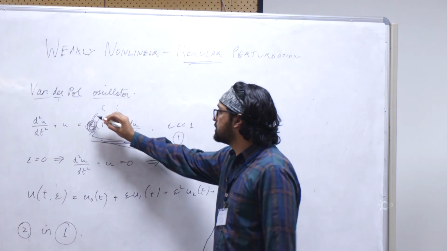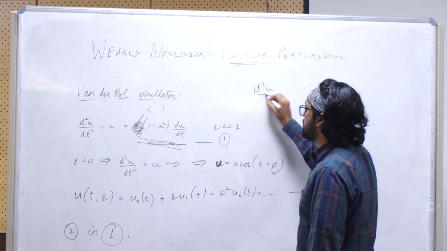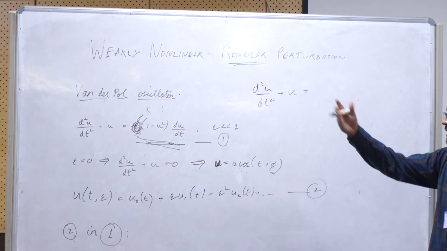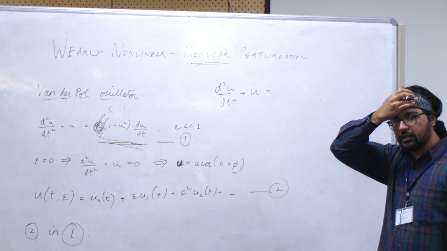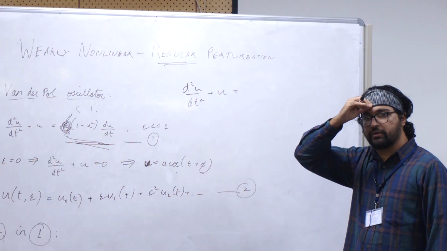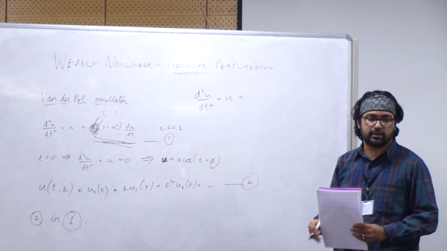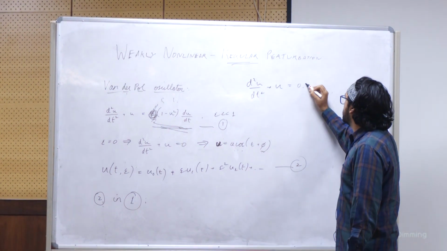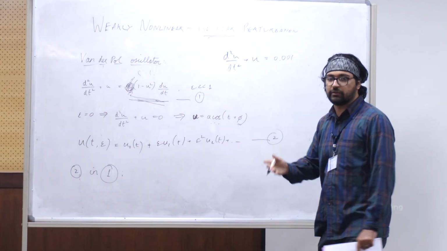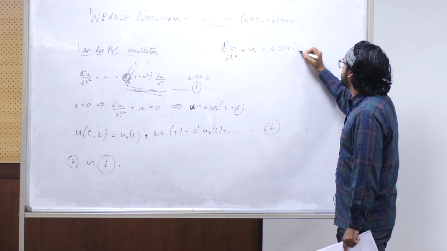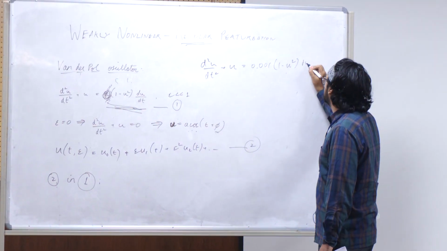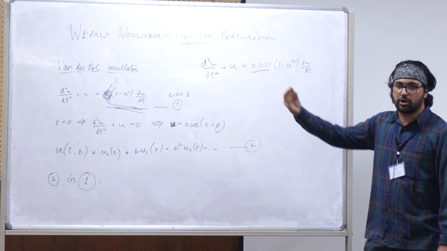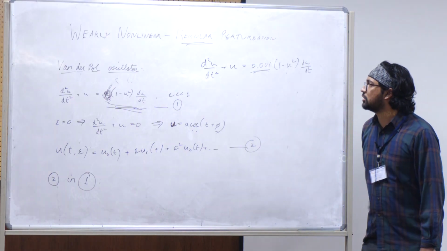Let's say you have d square u by dt square plus u equals zero, a simple harmonic oscillator equation, and in physical problems you have a very small drag coefficient, let's say in fluids or even air resistance, which is 0.001 or even smaller, and then you have the damping term given by this, and since we can take this to be epsilon, a very small parameter, we can apply our nonlinear analysis.